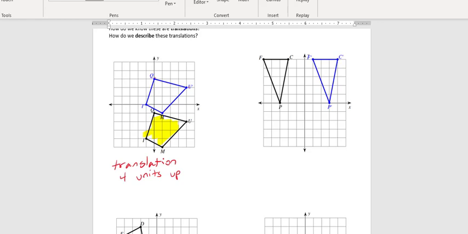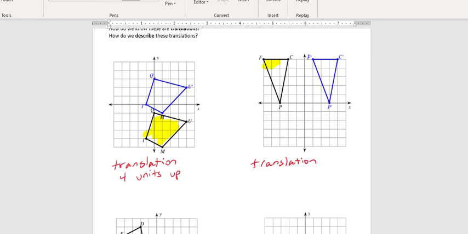Okay, same thing here. This one, same shape, same size, appears to be about the same angle measure. Everything, and I see FCP, FCP, the angles are in the same positions. Everything about it is exactly the same except where on the graph it's located. So it's a translation. Be careful about which one's the original.